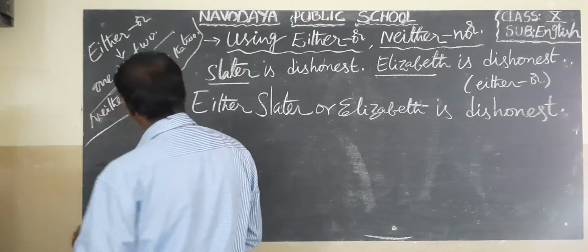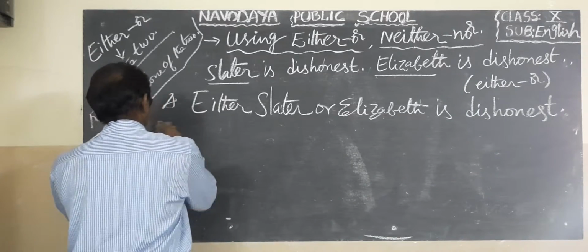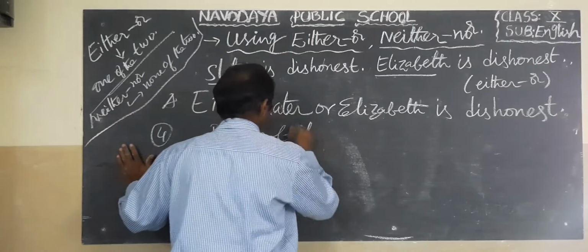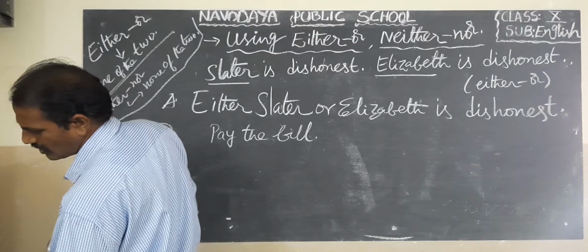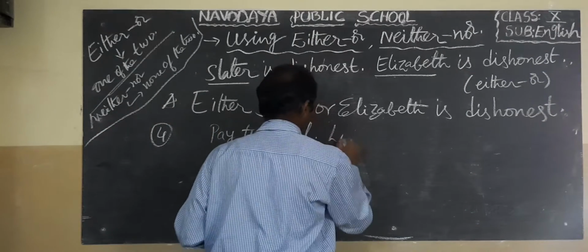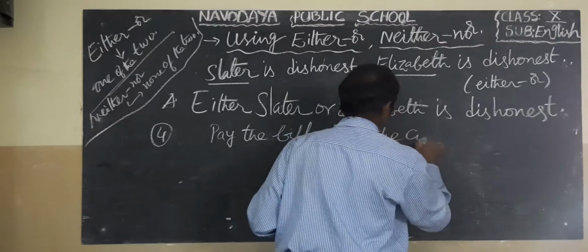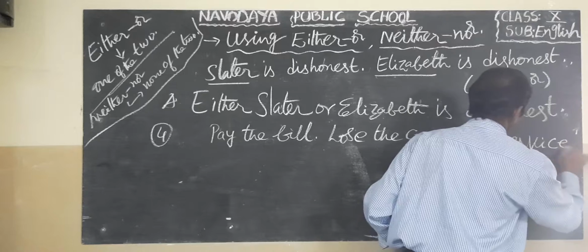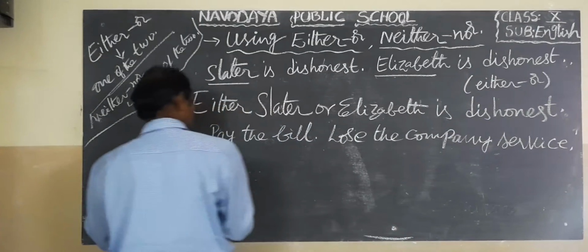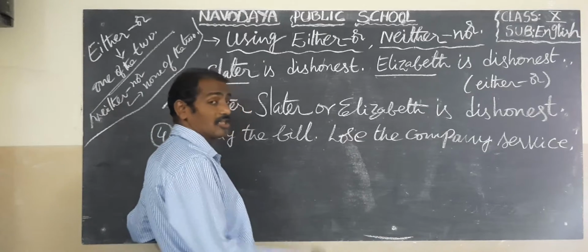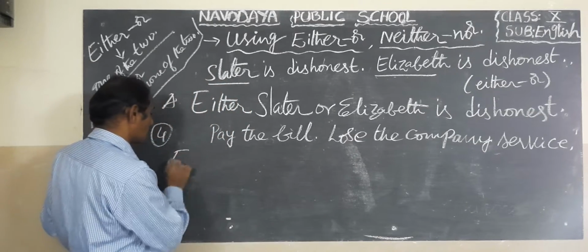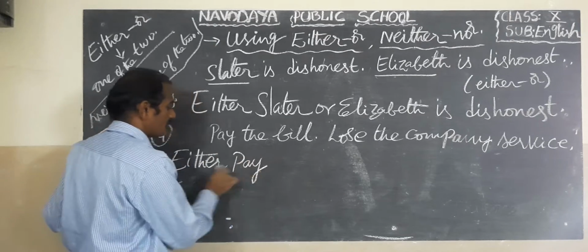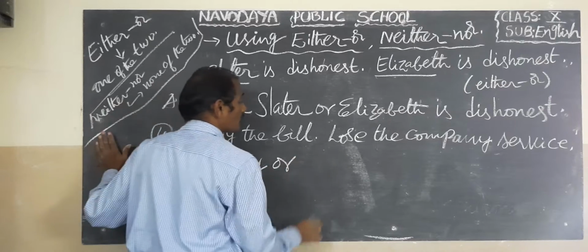For example, pay the bill, lose the company service. In this way, the beginning is either, because the subjects are different.